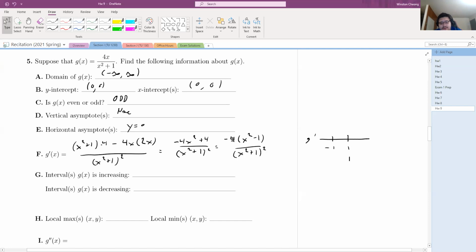Now noticing that you have a negative 4 in front and this squared over here, that means that this is negative. And then for the plus or minus 1, the contributions come from the factorization of x squared minus 1. The exponent is just 1, so it's going to alternate. So this is going to be plus, and it's going to be minus. And now increasing and decreasing, we can just answer.